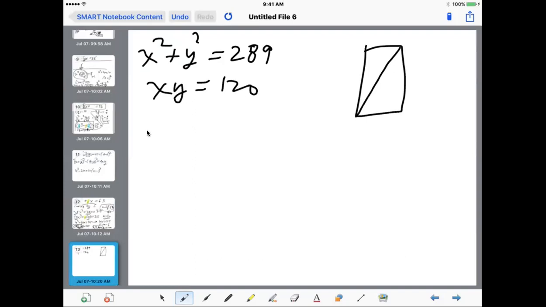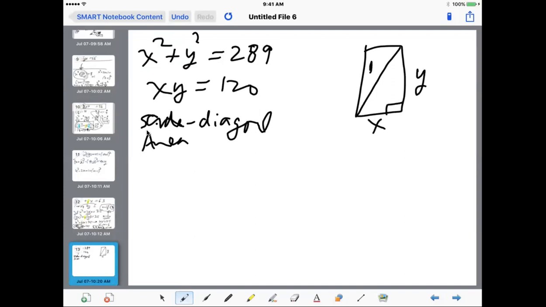This type of question is often called the side diagonal question, or the area diagonal question. They tell us that there's a rectangle and that the diagonal is 17 and that the area is 120. Well, the diagonal is the hypotenuse of this right triangle.